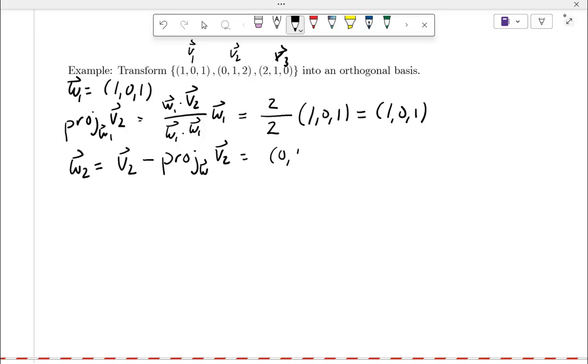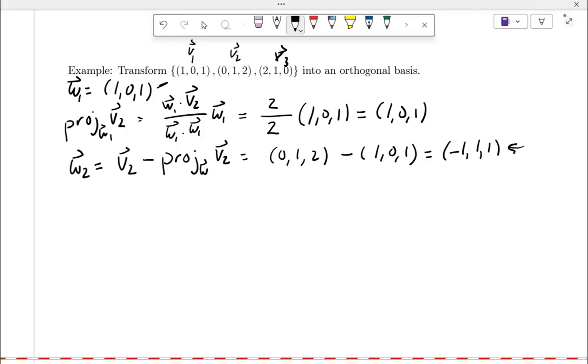So it'll be your V2 minus your W1, well, the projection, which is the same thing as W1. And what do we get? We get negative 1, 1, 1, when I subtract.